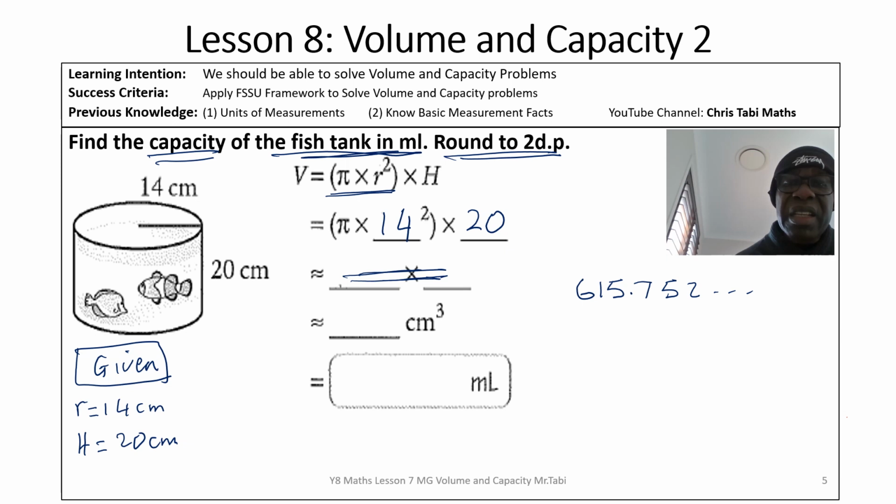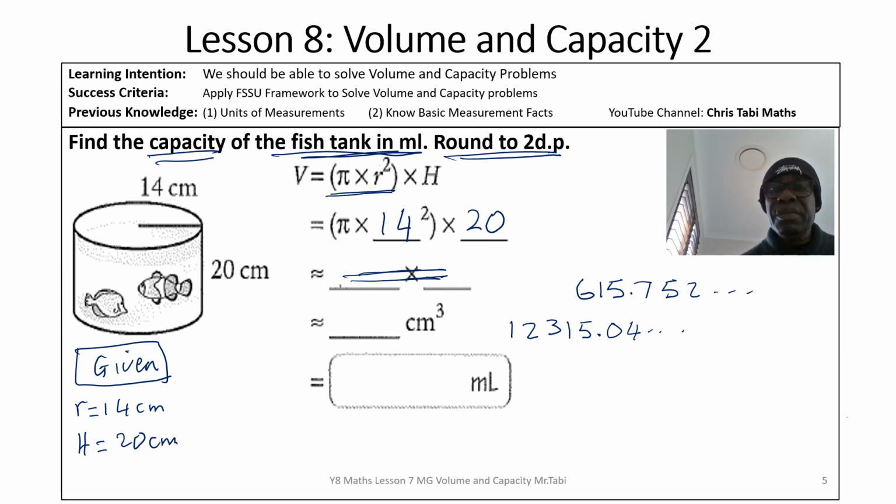If I multiply that answer by 20, I get 12,315.04, and so on. There's a point here.